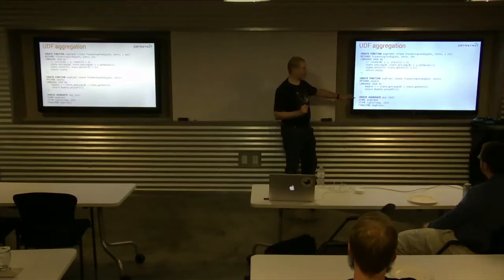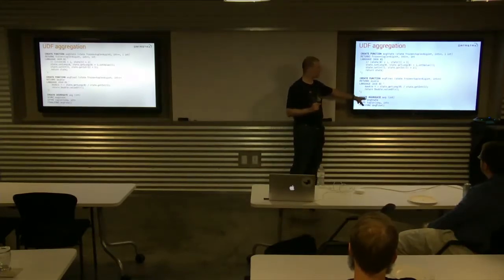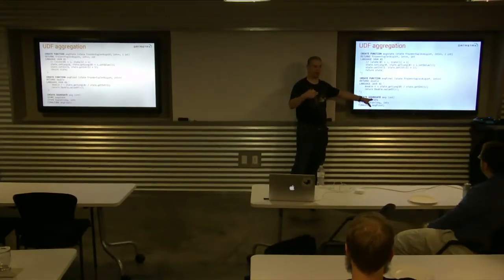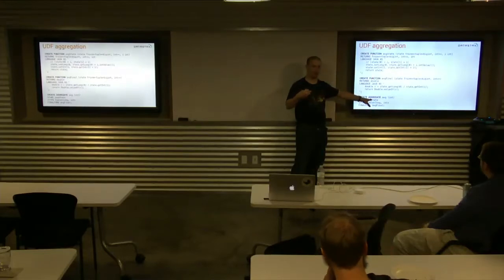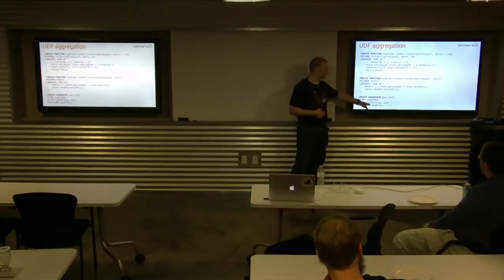Let's start at the bottom. The way an aggregate works is you say create aggregate, and then you give it a function that collects the state as it merges the rows together that are part of the aggregation, and then you give it a state type.